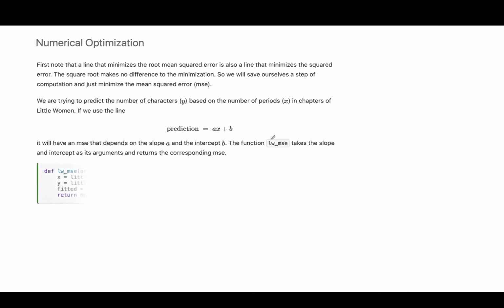The function little_women_mse takes the slope and the intercept as its arguments, these two values, and it basically returns the corresponding mean squared error.